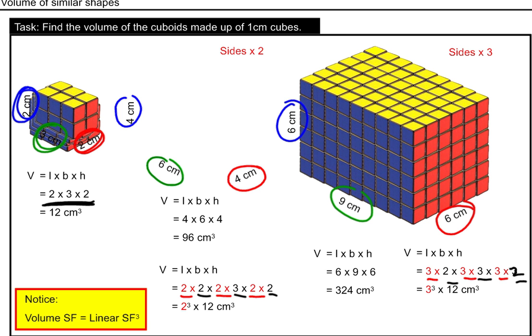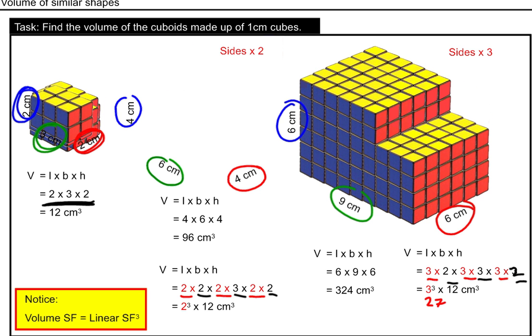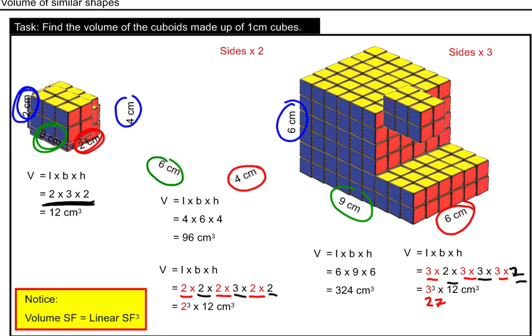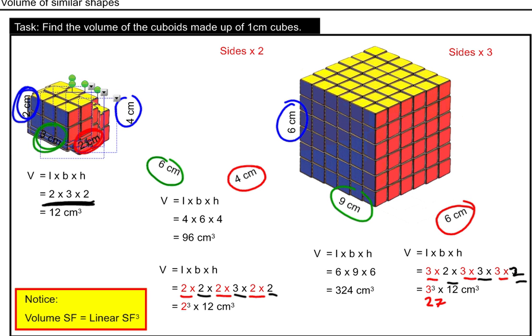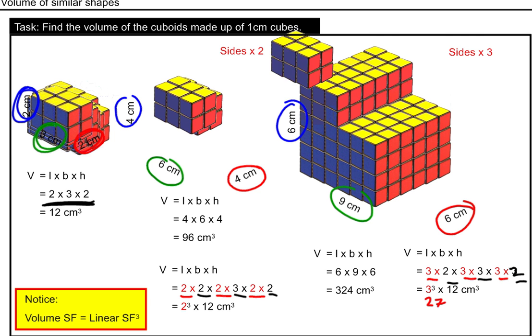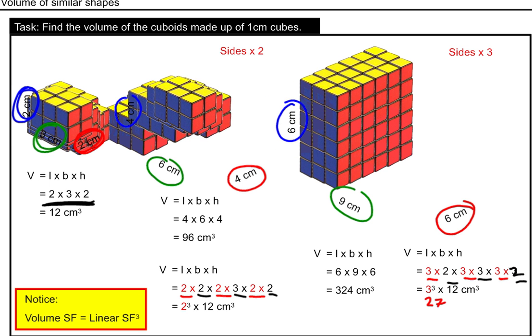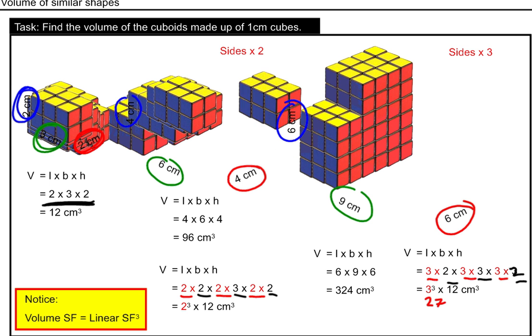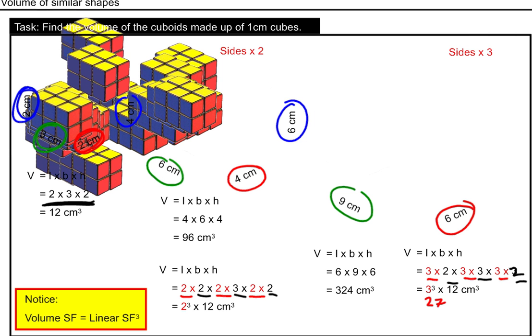Again, for the bigger one. 3 cubed. 3 times 3 is 9, times 3 again is 27. And notice, 1, 2, 3, 4, 5, 6, 7, 8, well, 9 in that layer, another 9 in that layer, so I've got 18, 19, 20, up to 27.